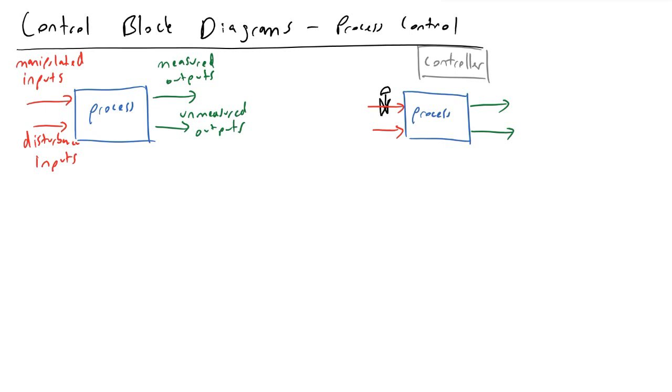And then what we're going to do, in the case of feedback control, is look at measured outputs. And with these measured outputs, we'll make these dashed lines to indicate that these are information. They're not physical necessarily. These are just information.